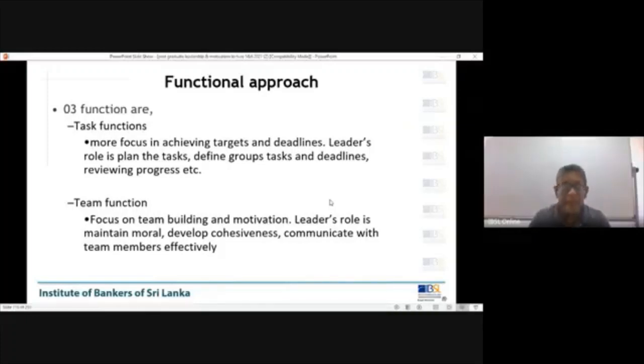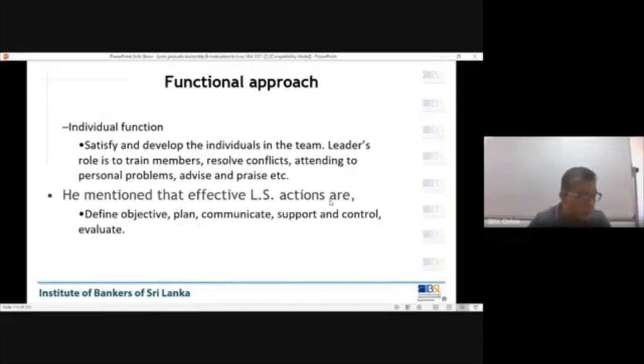Okay, the third one: not only the group, they talk about individual needs also, right? Now that's the important thing. Satisfy and develop the individuals in the teams. So there are three things under the functional approach, developed by John Adair. A leader must consider the task aspect, right? Second, the leader must look at the group, to work as a group or as a team.